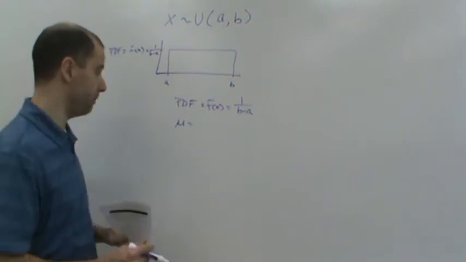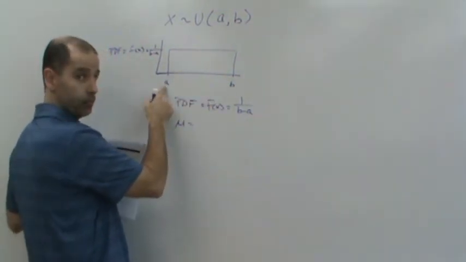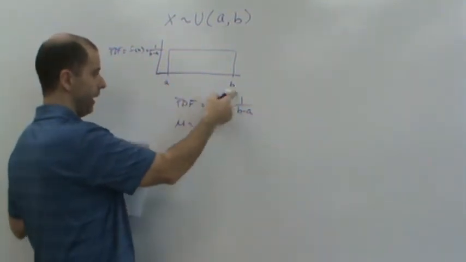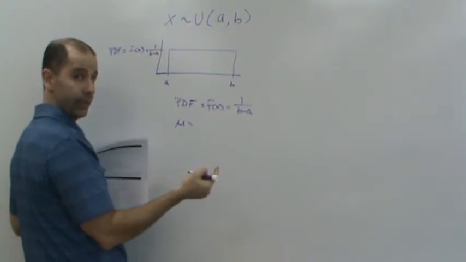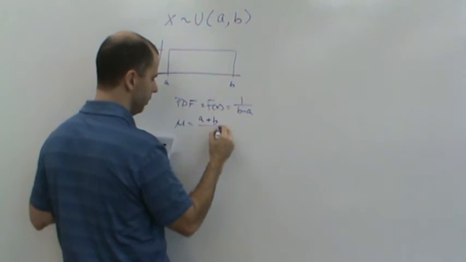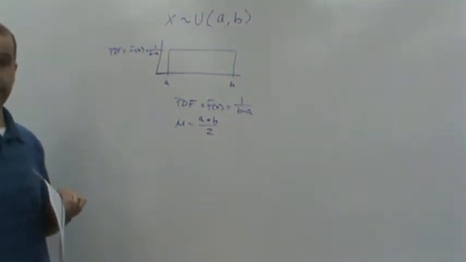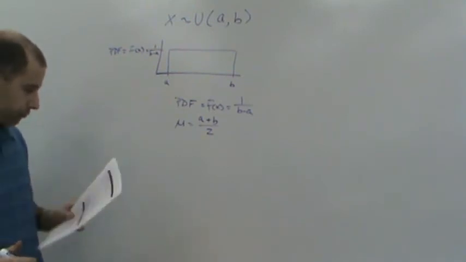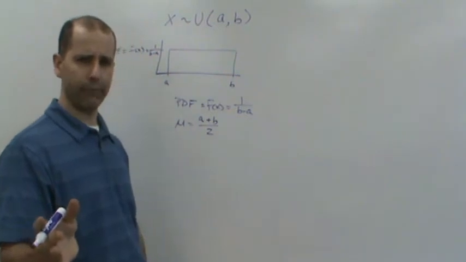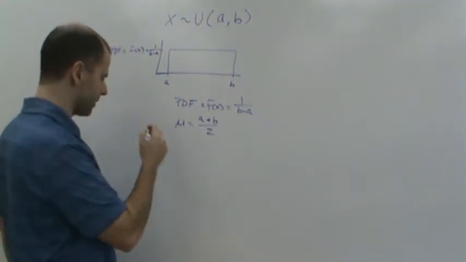How do you calculate the midpoint? Well, you take the max plus the min and add them, right? So A and B, so A plus B divided by 2. So it's always going to be A plus B divided by 2. That's the mean. Now, I'm going to give you the next two formulas because you have to derive them, and I'm not going to derive them in this video for this class, since this is just a basic statistics class.